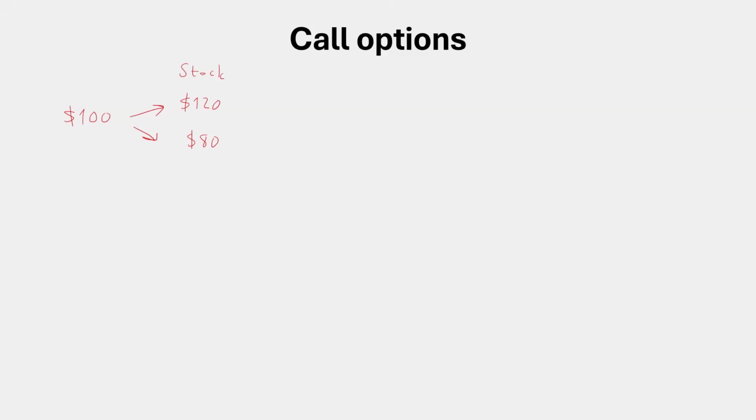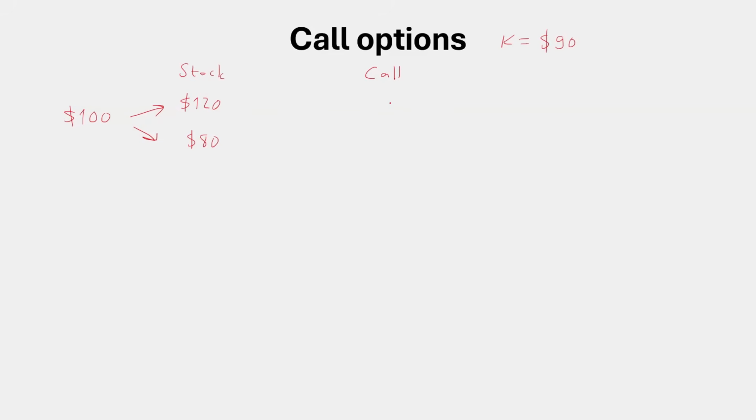Now, I would like to value a call option, and let's suppose this call option will have a strike price of $90, okay? The very first thing you need to do is to find the payoff of the call option under each possible stock price value. I leave a bit of distance here because I'll write something else later on.